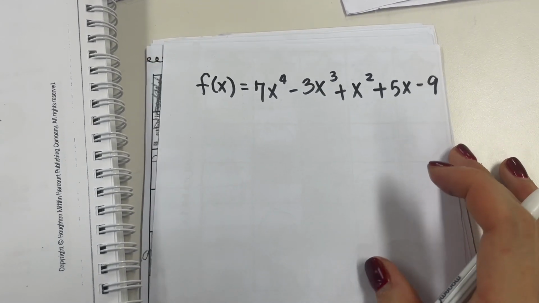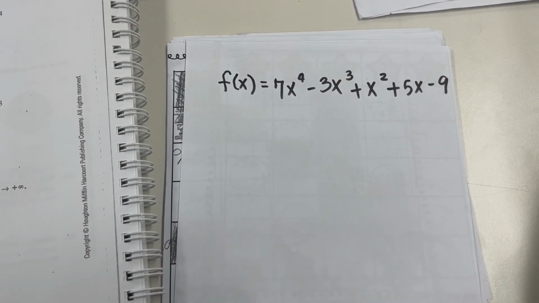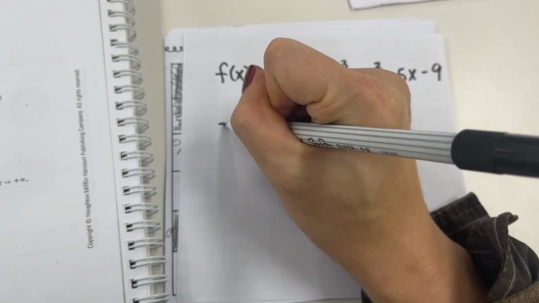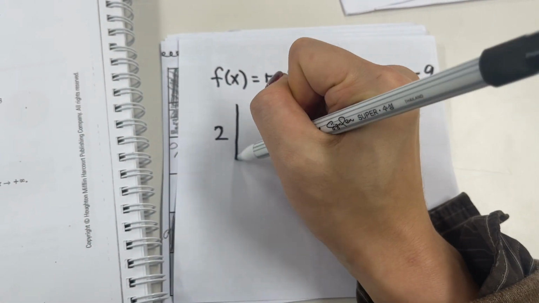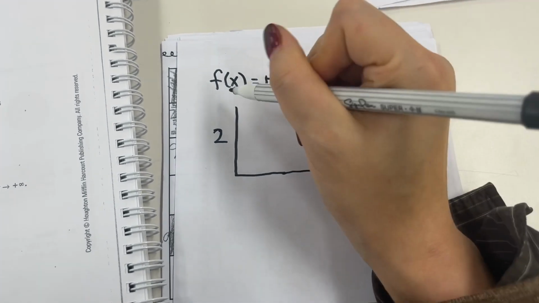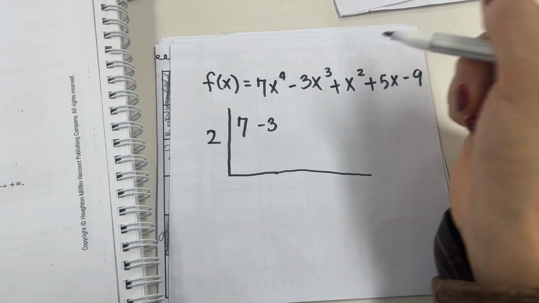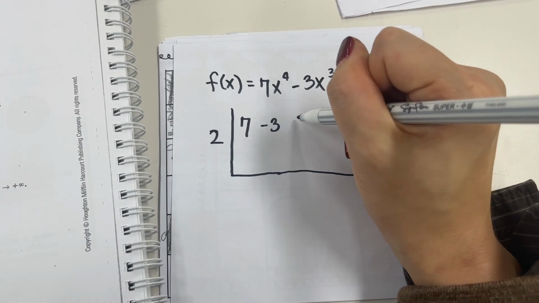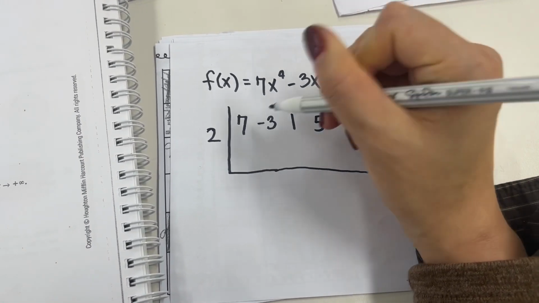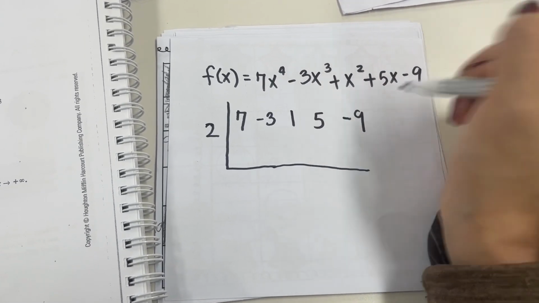Okay, oopsie, that's Einstein. All right, so now they want us to find the value, evaluate when our x is 2. So using synthetic substitution, I'm going to put my x right there. And then I put my leading coefficient, and then all the coefficients in descending order: 7, -3, 1, 5, and then negative 9.